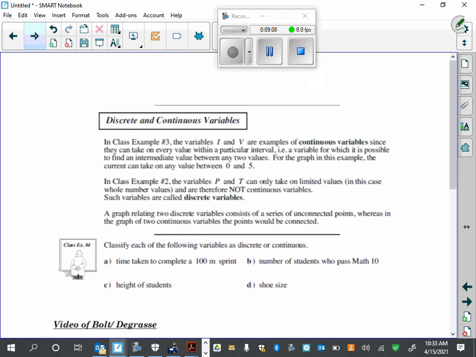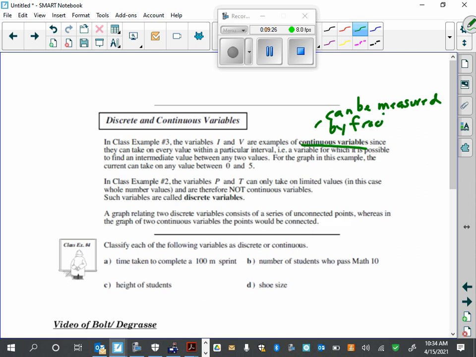Continuous variables. I don't love that definition. So continuous variables can be measured by fractions and decimals.